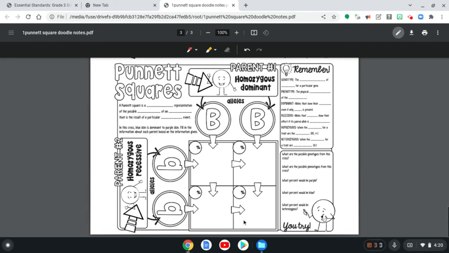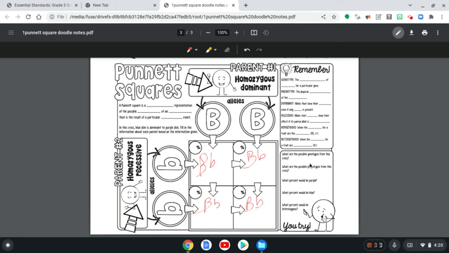All right, and then our last one, dominant recessive. Dominant recessive. Dominant recessive and dominant recessive.